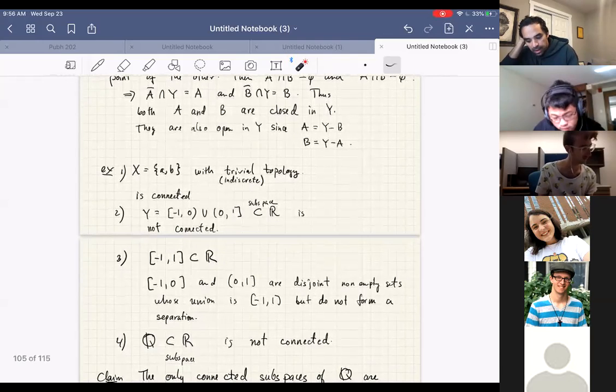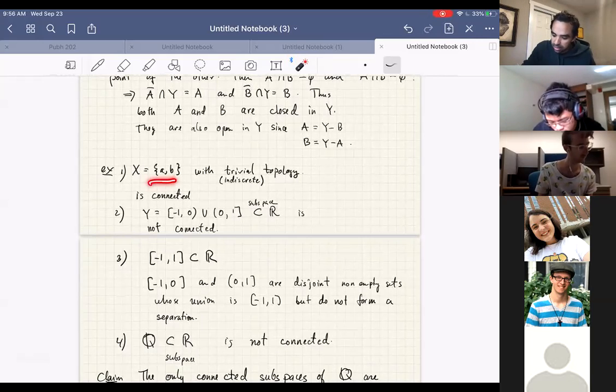Yeah, so some examples. The space consisting of, let's say, 2 points equipped with a trivial topology, namely the only open sets are the empty set and X itself, is connected because there's no separation. The only open sets are the empty set and the set itself.